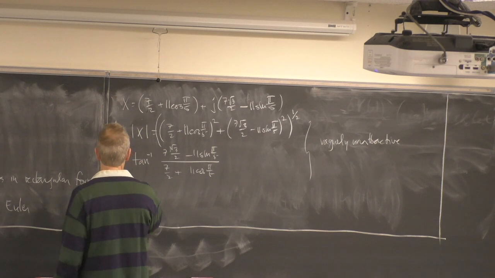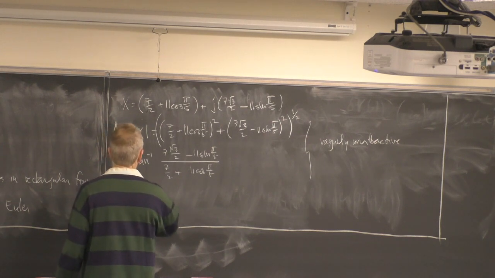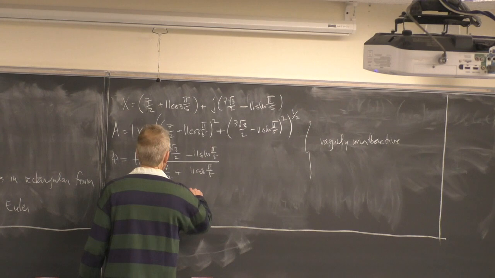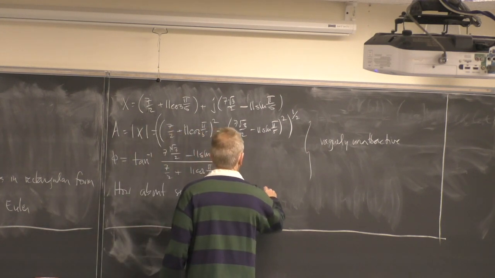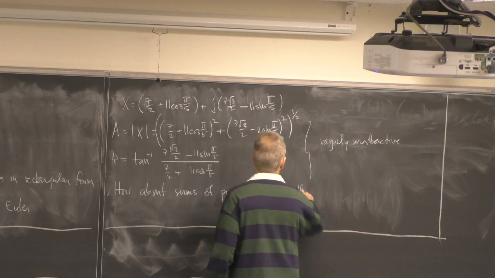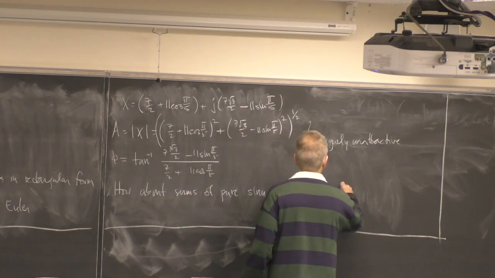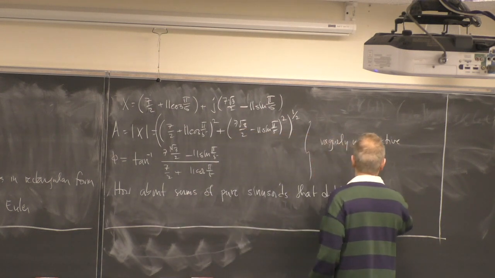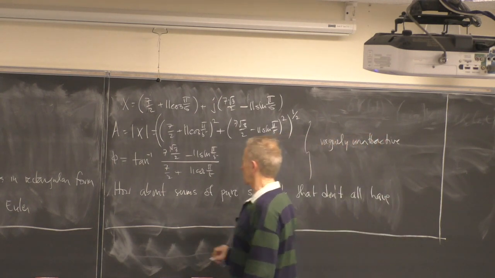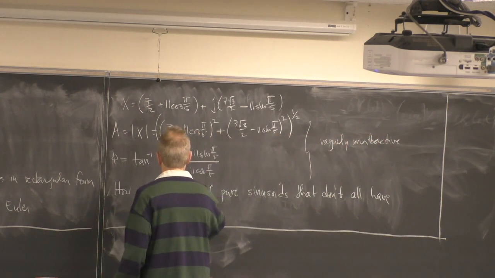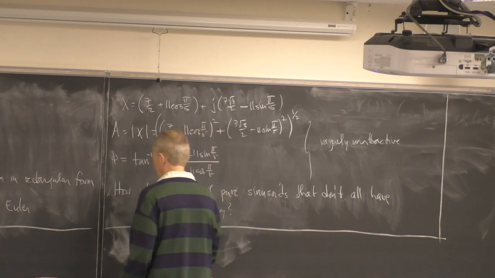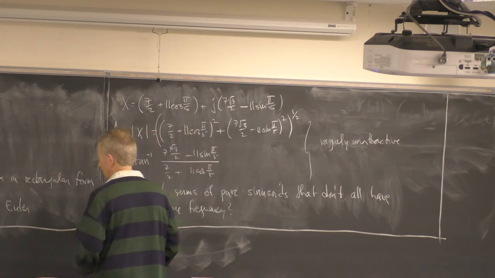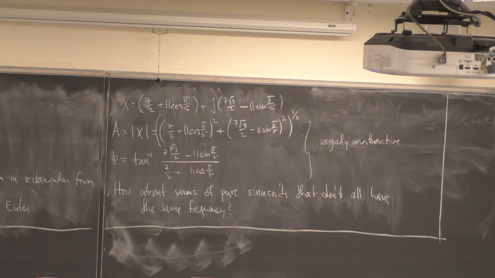So how about sums of pure sinusoids that don't all have the same frequency? What can we do with those? Well, it turns out not really much from a signal standpoint.